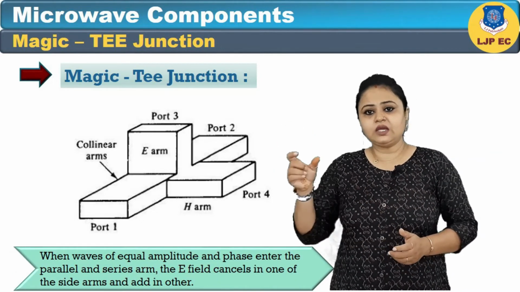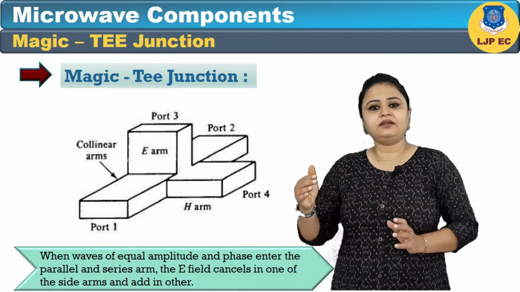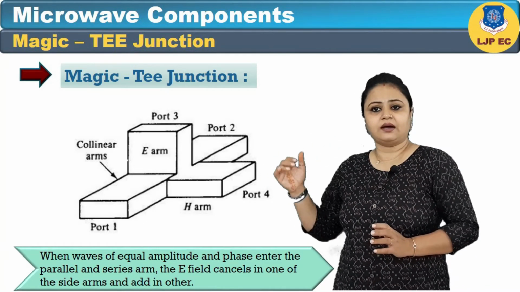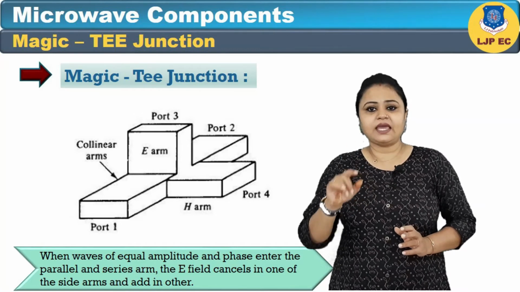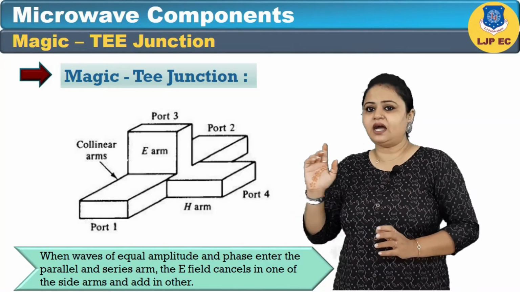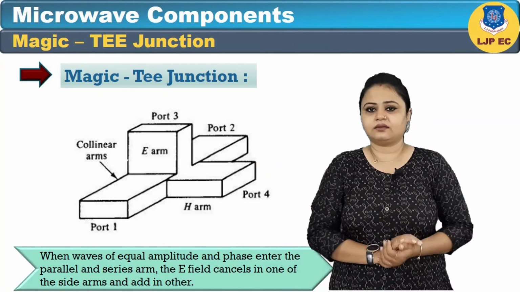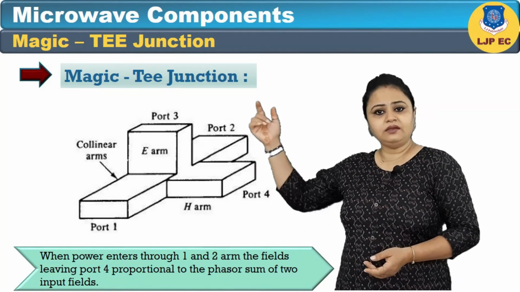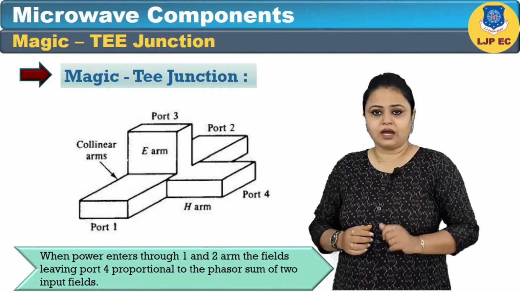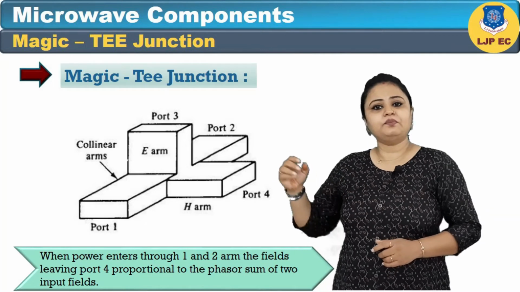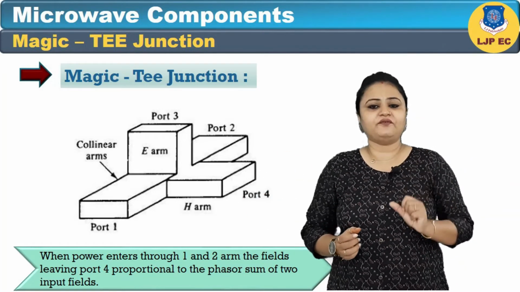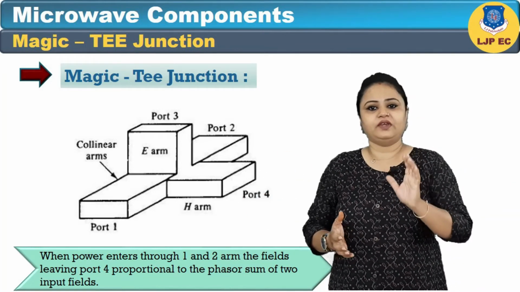When waves of equal amplitude and phase enter the parallel and series arms, the E field cancels in one of the side arms and adds in the other. When power enters through arms one and two, the field leaving port 4 is proportional to the phasor sum of the two input fields.